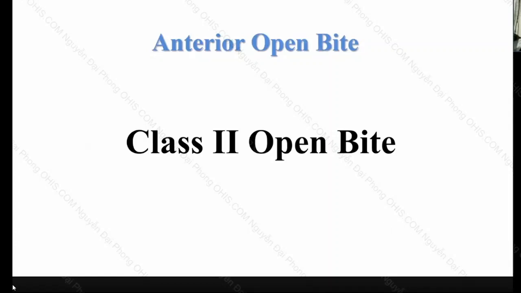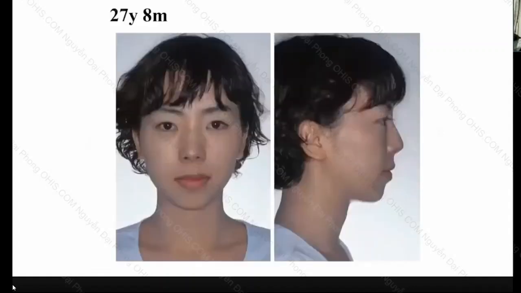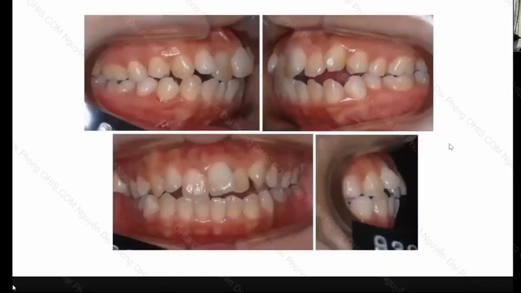This 27 years old lady, class 2, the anterior, actually this is open bite, a little crowded, therefore some contact here. The molar looks class 1, but skeletally class 2 open bite.